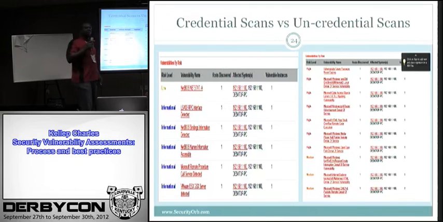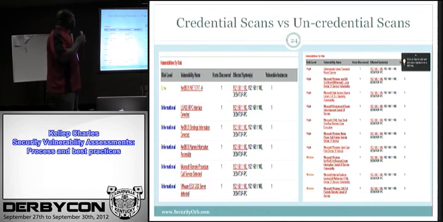That's something that would be very important to know within your processing environment. We also have a couple of denial of service and remote code execution findings. So again, the difference between a credential scan and an uncredentialed scan is very important in conducting the security assessment and the vulnerability assessment process.